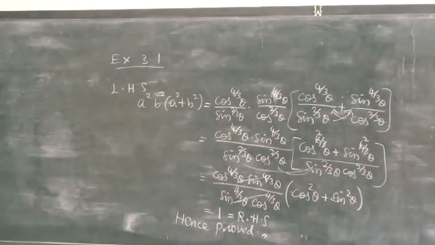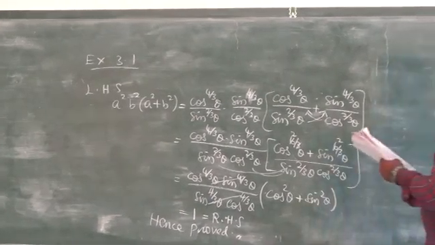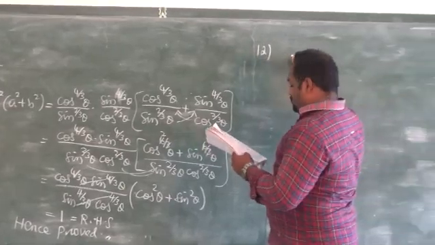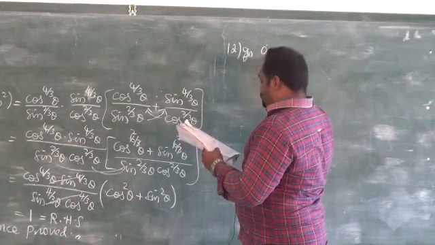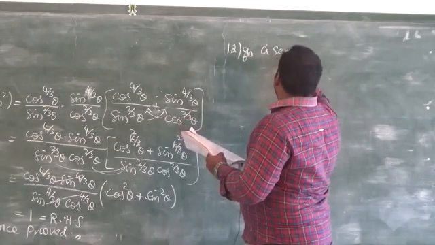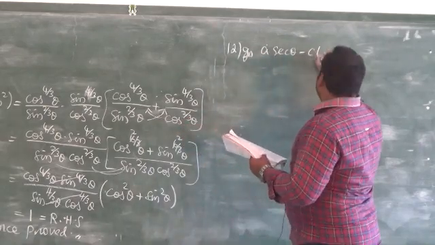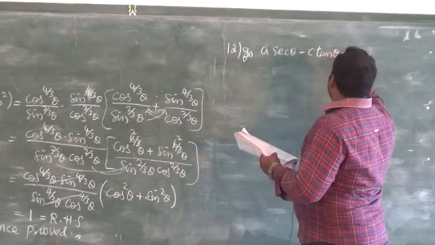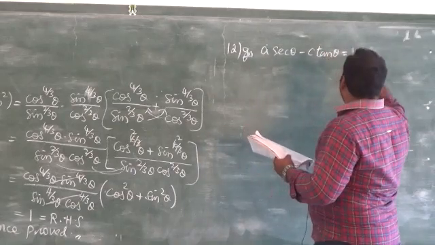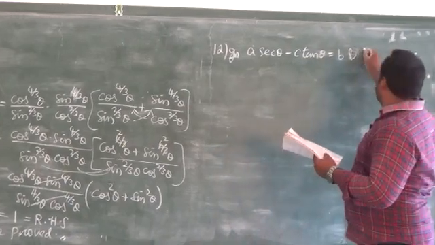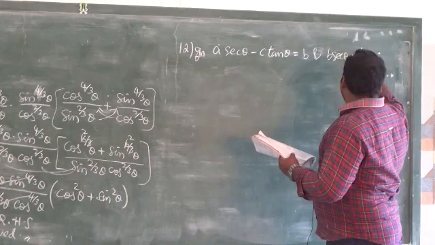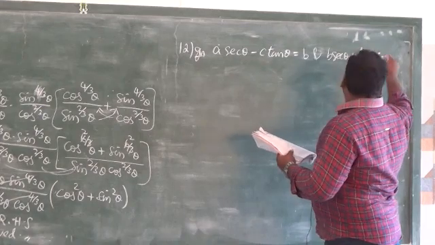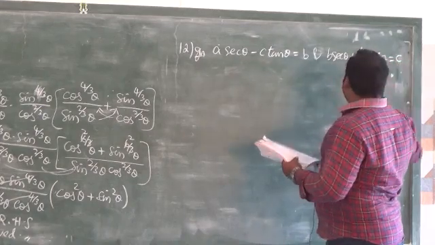So the information is: a secant theta minus c tan theta equals b, and b secant theta plus d tan theta equals c.